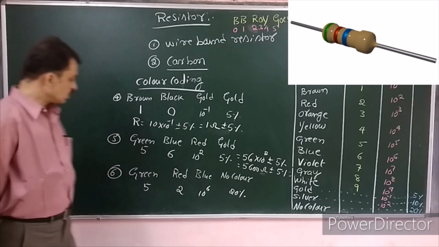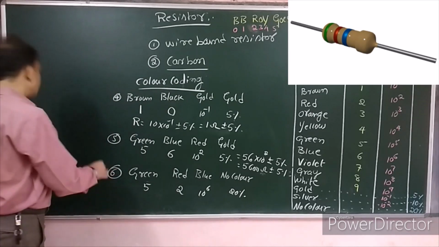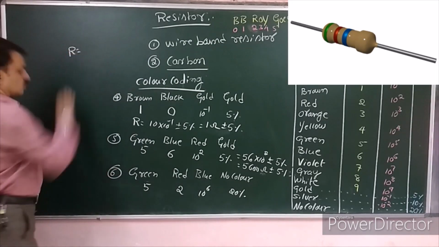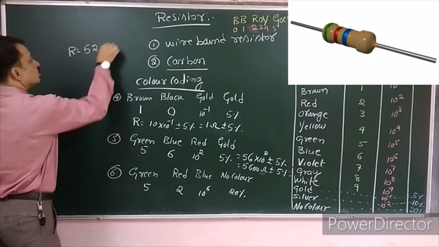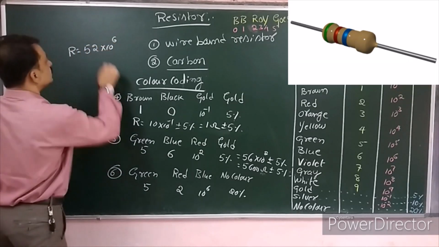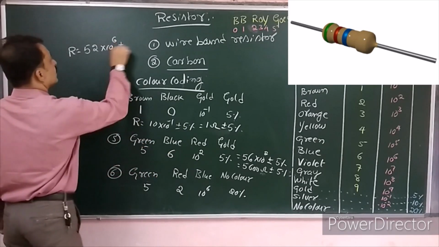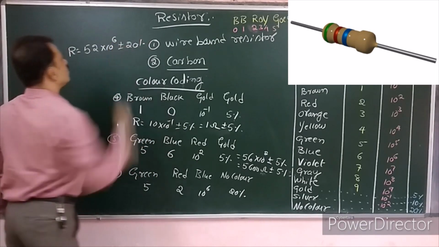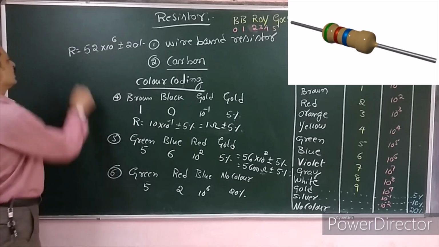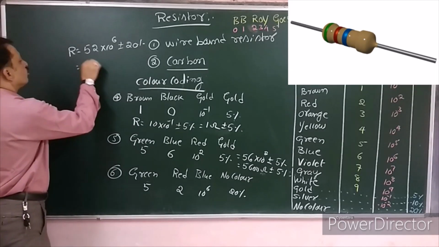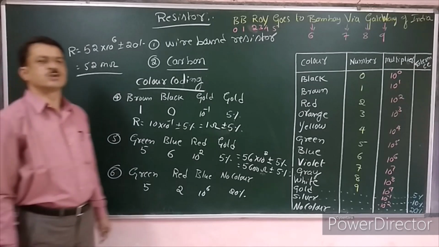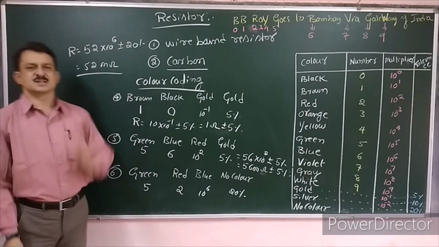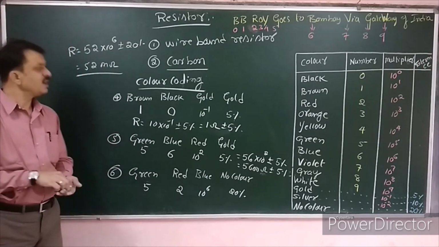So let me write here. Now R is equal to 52 into 10 to the power of 6, plus or minus 20%. Okay. R is equal to 52 mega ohms. We can write it as 52 mega ohms with a tolerance of plus or minus 20%.